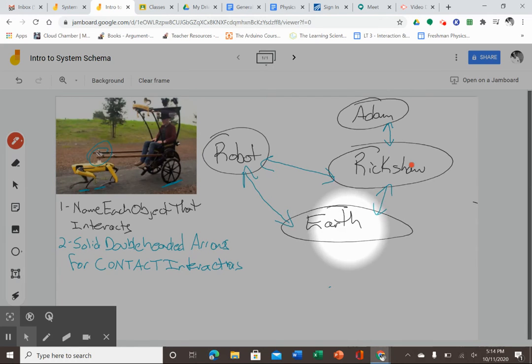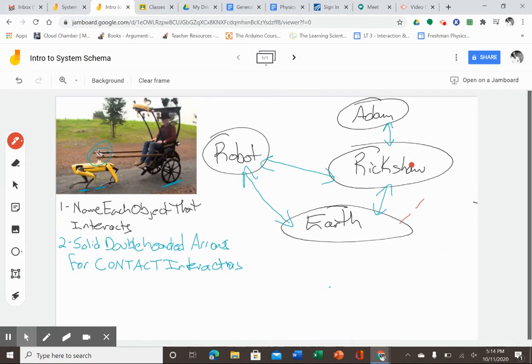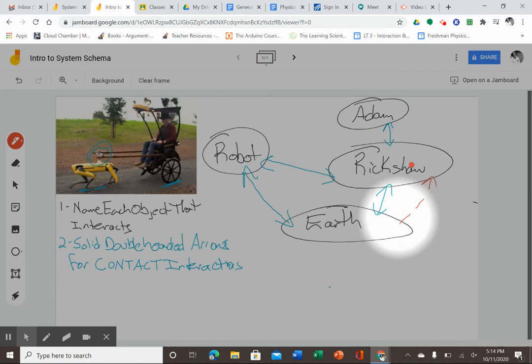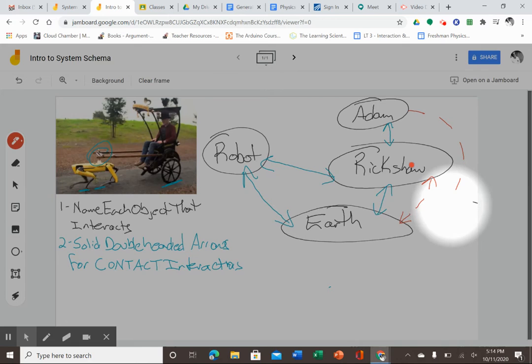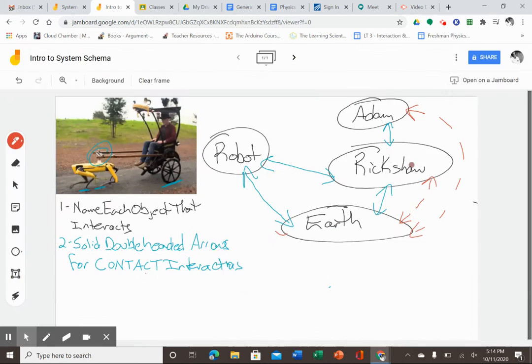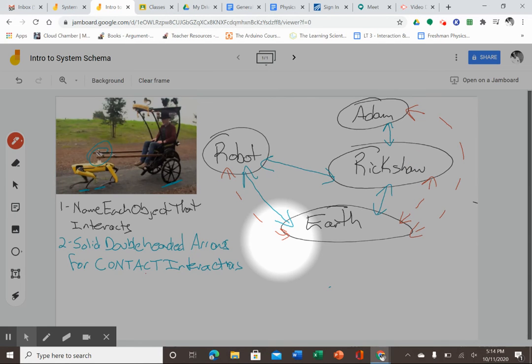So what I'm going to do now is the non-contact interactions. The Earth has gravitational non-contact interactions with the rickshaw. The Earth has gravitational non-contact interactions with a person, Adam. The Earth has non-contact gravitational interactions with the robot. So I have those double-headed arrows for those interactions there.